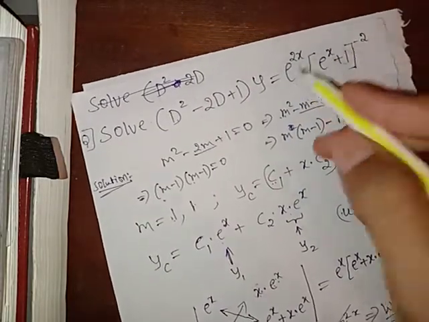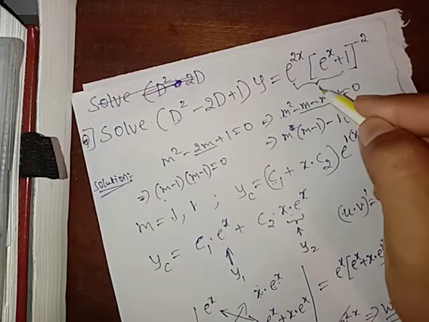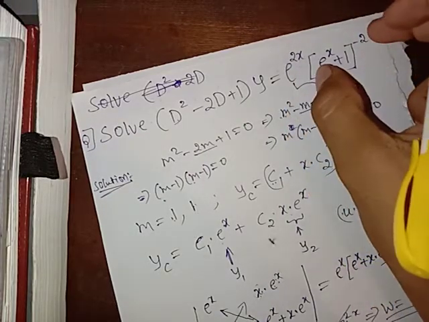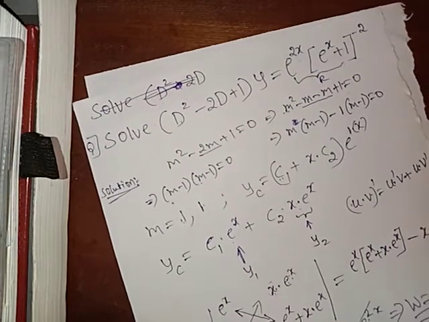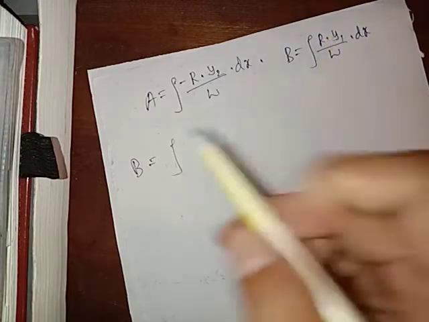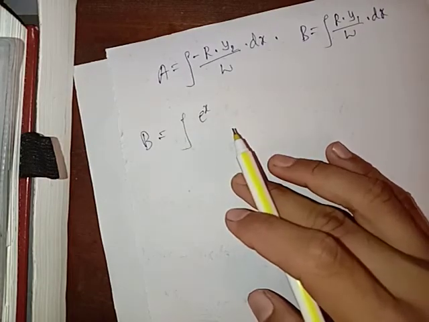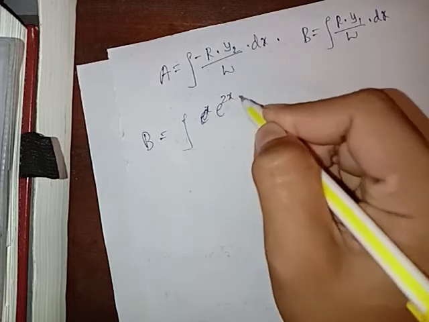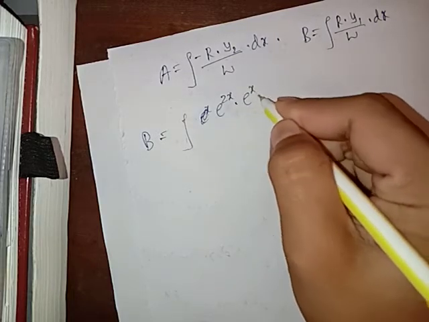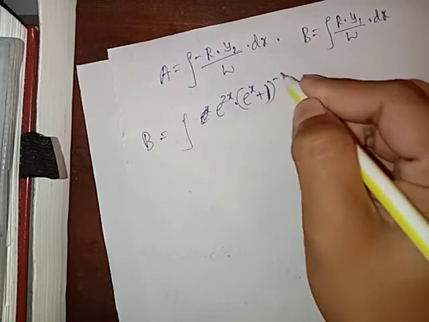Here in the place of r, we can put exponential of x, this is exponential of 2x into exponential of x plus 1 raised to minus 2.